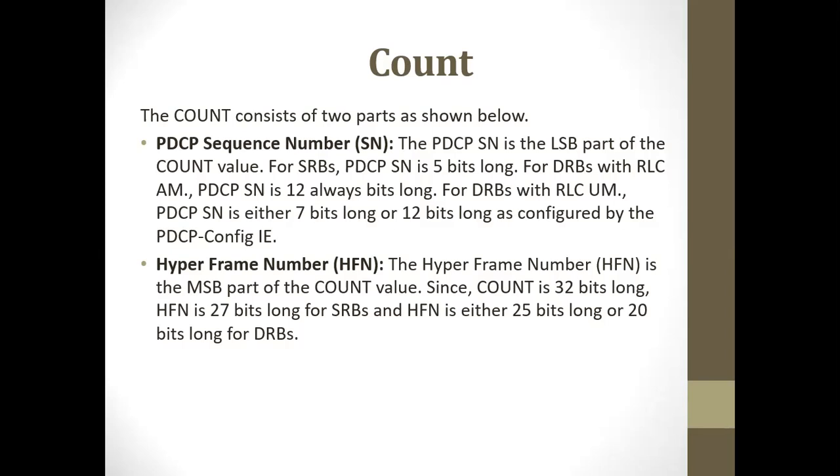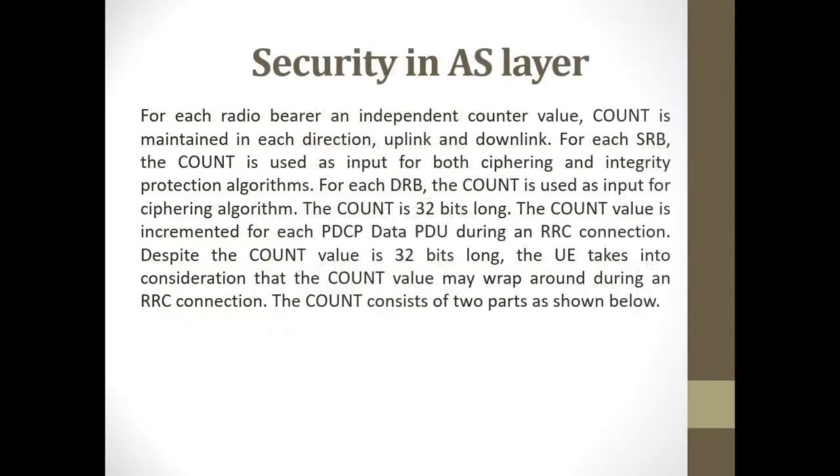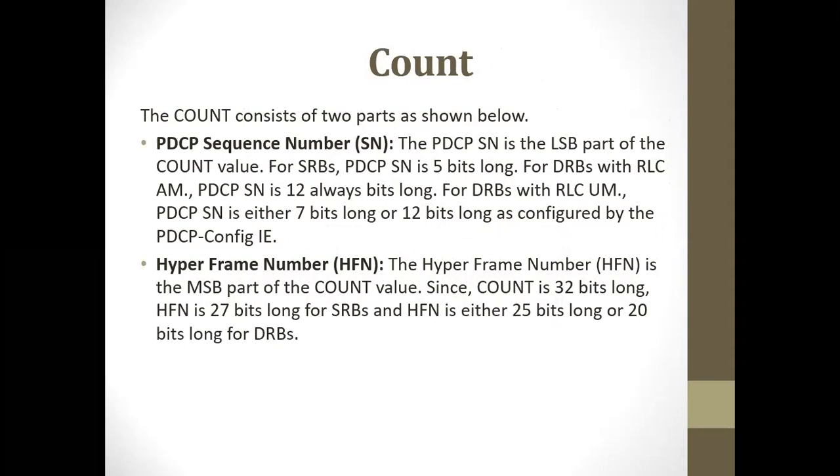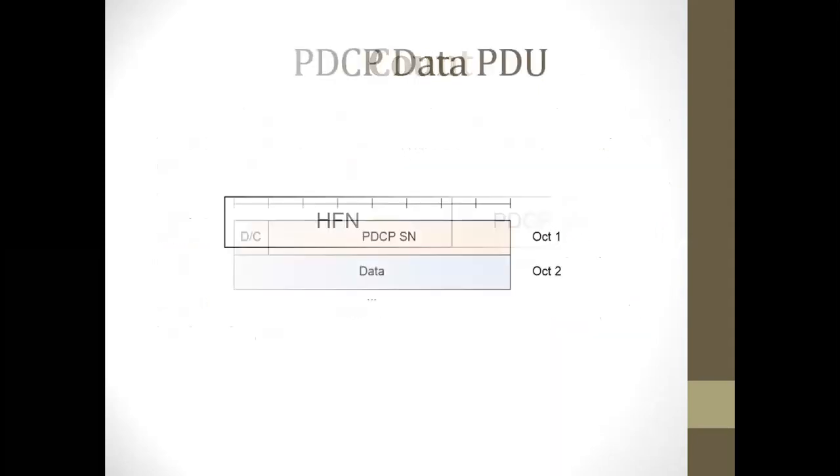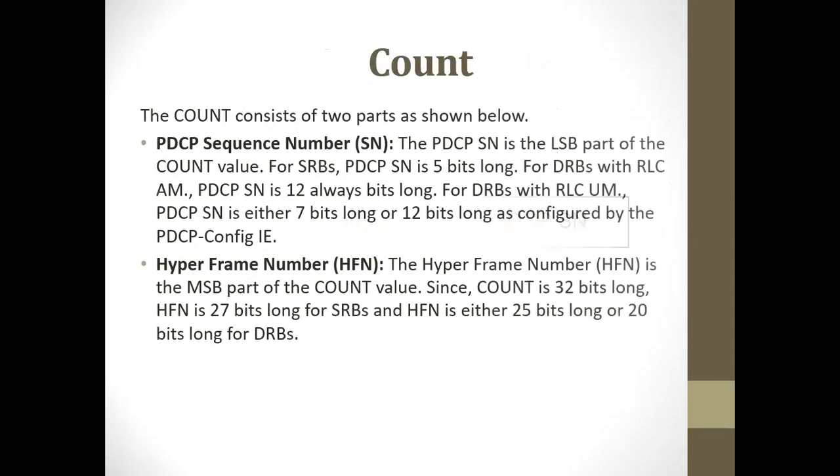That will require longer overhead. There is just a provision for 7 bits overhead, but the rest of the 32 bits will be HFN. So if it is 12 bits, then there is a 20 bits long HFN. If it is a 7 bits long PDCP-SN, then there will be a 25 bits long HFN in the count. Got it, right?